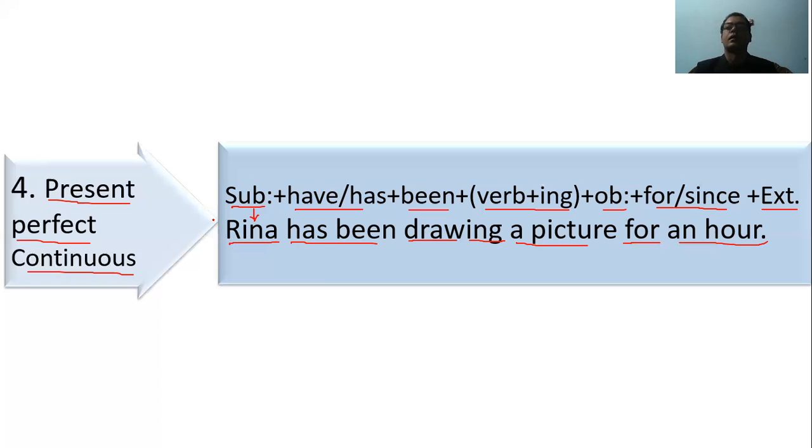Then I will take the next class in detail on the other tenses: past simple, past continuous, past perfect, and past perfect continuous. And in the class after that, I will take present, future simple, future continuous, and future perfect continuous.